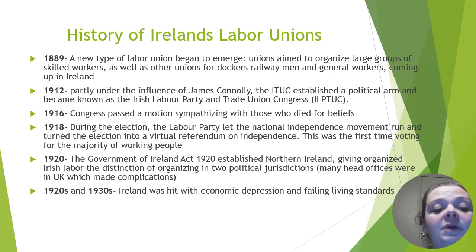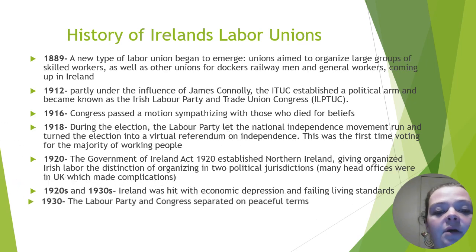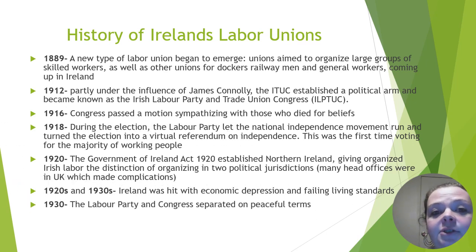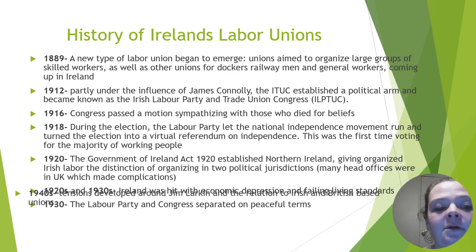In the 1920s and 30s, Ireland was hit with an economic depression and failing living standards, kind of like the Great Depression in the U.S. In the 1930s, the Labor Party and Congress separated on peaceful terms, so they kind of disbanded.